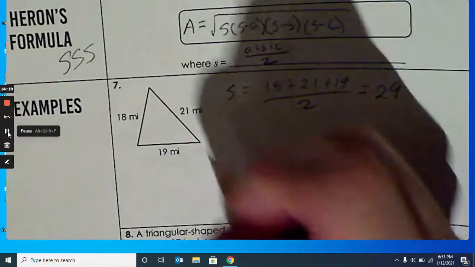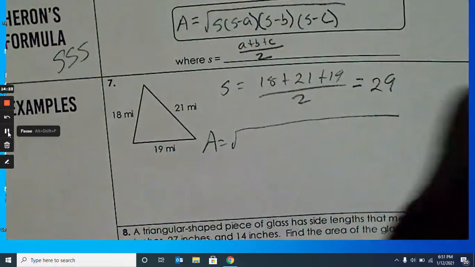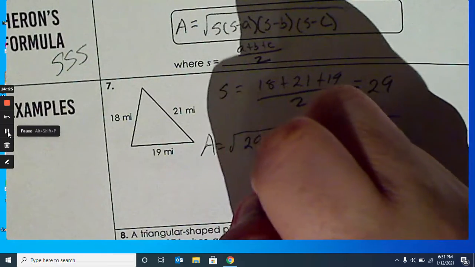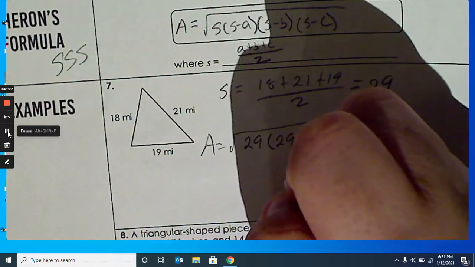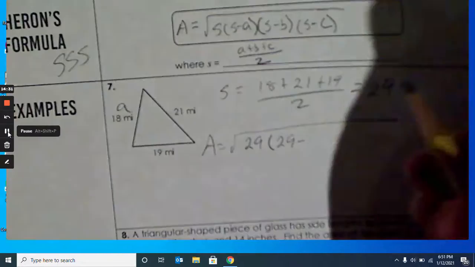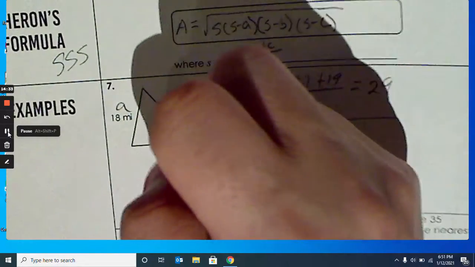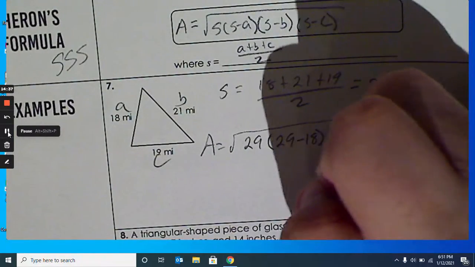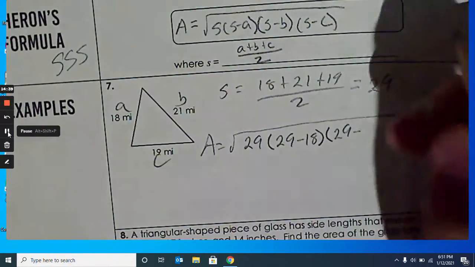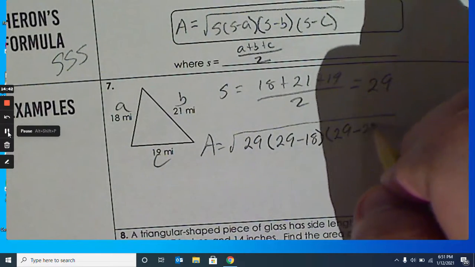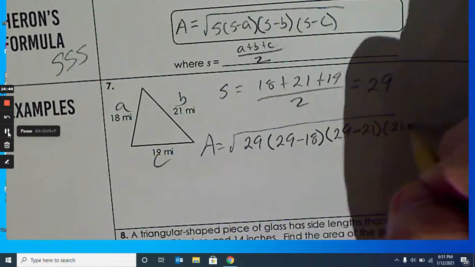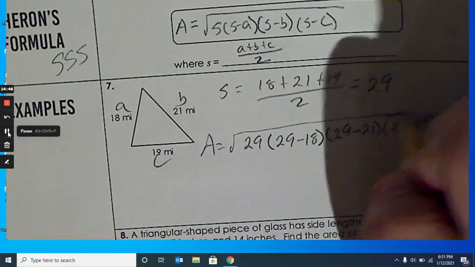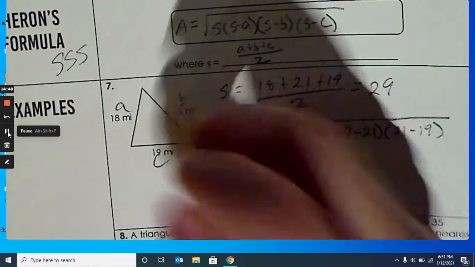Okay. So now I plug in the formula that A is equal to the square root of 29 for S times 29 minus A. Now, it doesn't matter which one's which. This would be like that, but to help you out. Times 29 minus B times 21 minus C, and that will give me the area for this triangle.